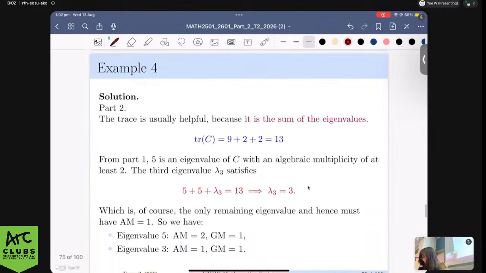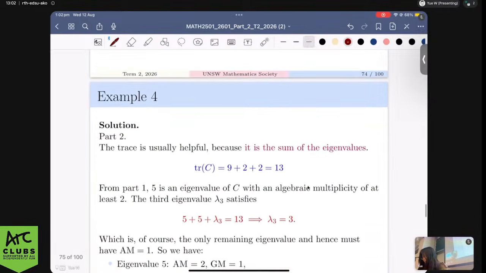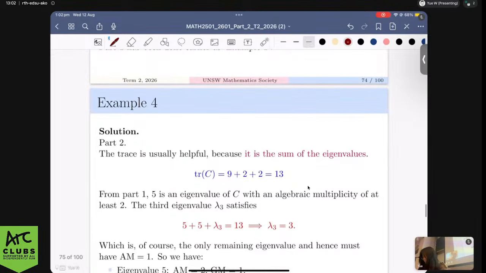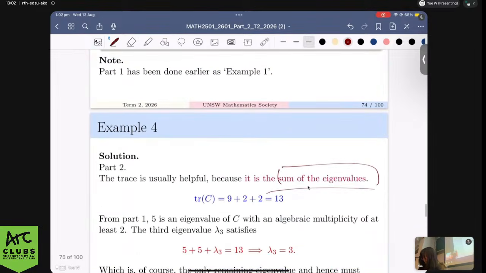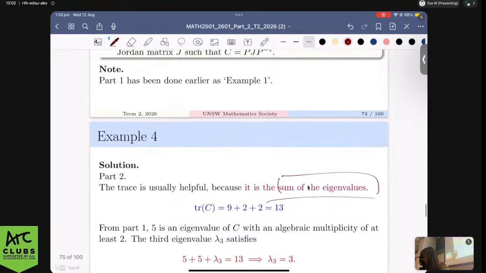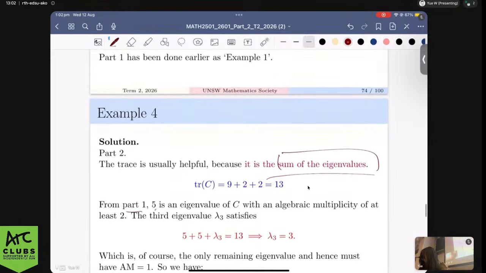Okay, so the easiest way to go about this is to consider the trace, which is the sum of the eigenvalues, right? So if you take the trace of this matrix, you get 9 plus 2 plus 2, which is equal to 13. You also know from part 1, 5 is an eigenvalue of C with algebraic multiplicity of at least 2.